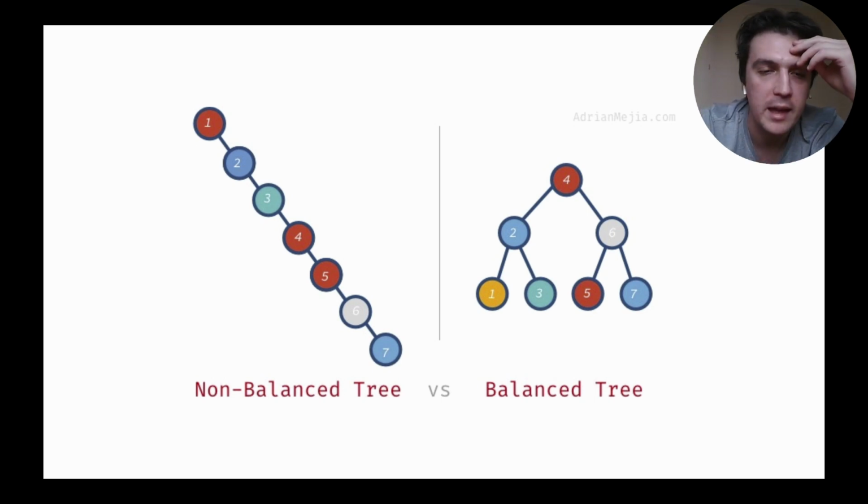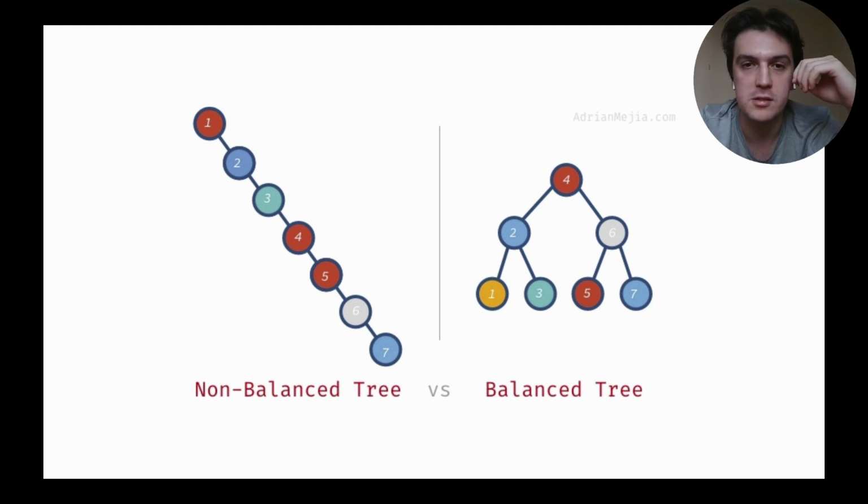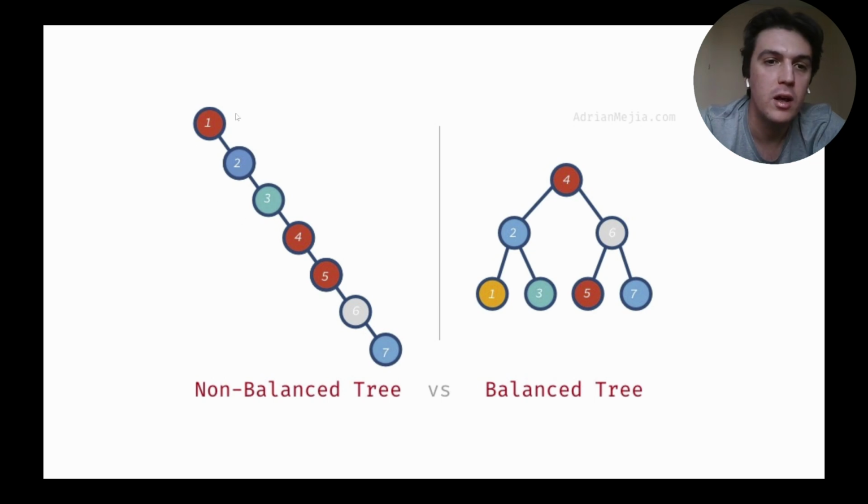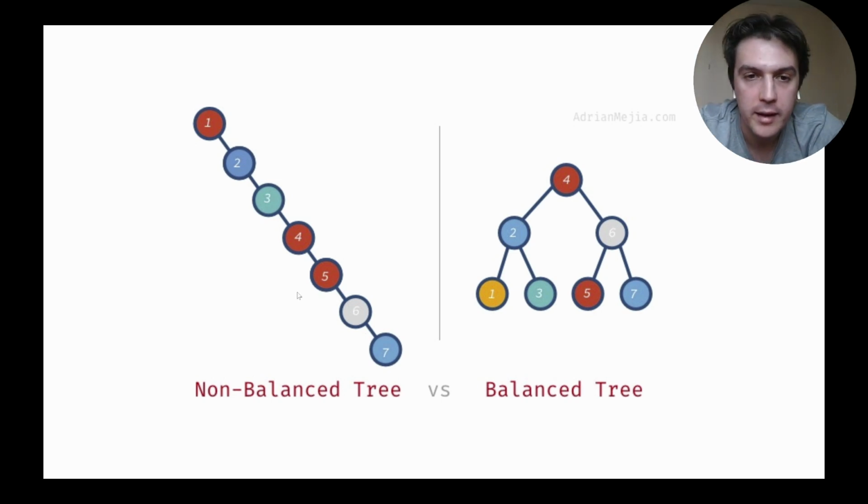And also, if you're trying to do any type of search or traversal on that tree, it's always going to be logarithmic because it's perfectly balanced, instead of what might happen in this case on the left, where it would be a linear situation.